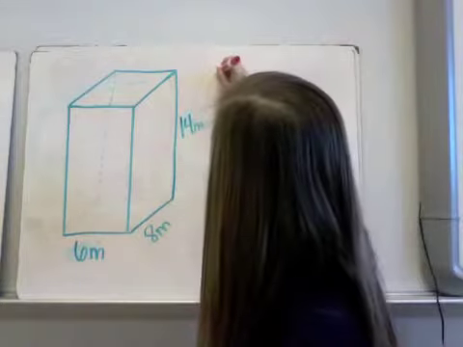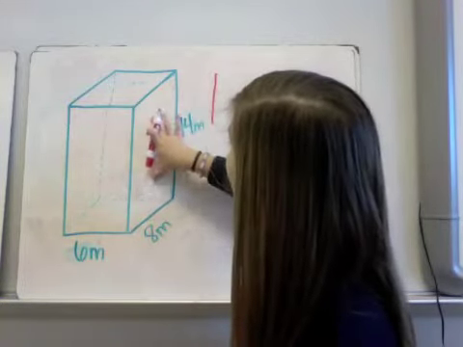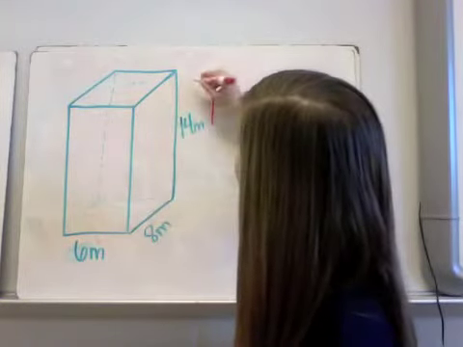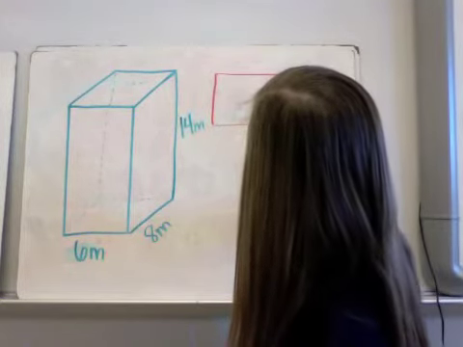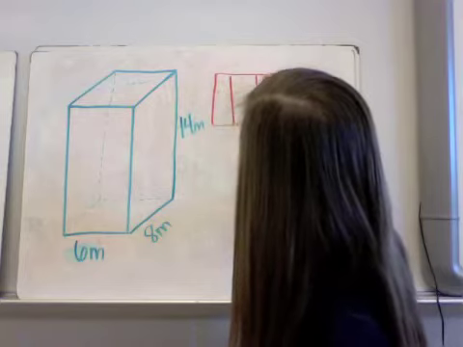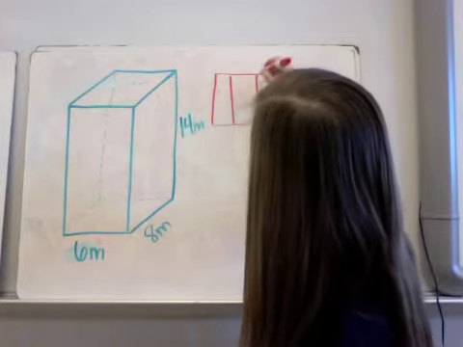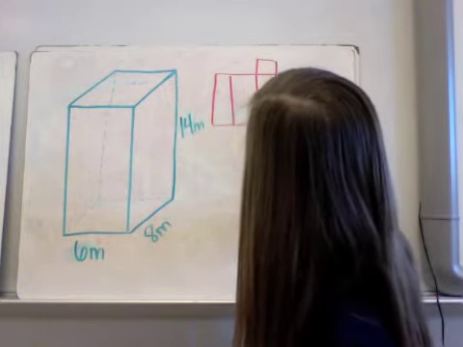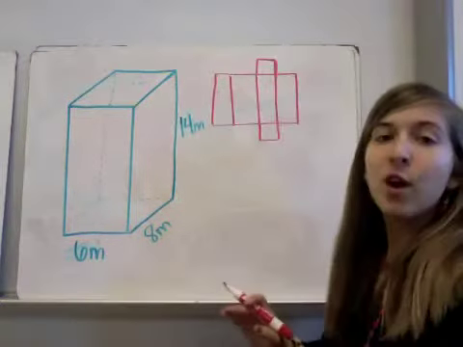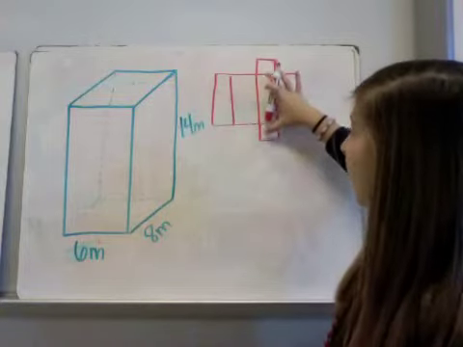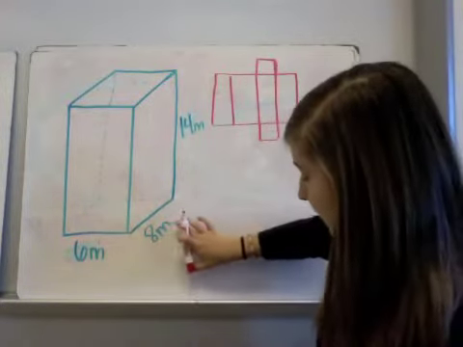So we have our rectangular faces. And then we have the top and the bottom. Forgive my drawing. Okay, we know that the base here is a 6 by 8.